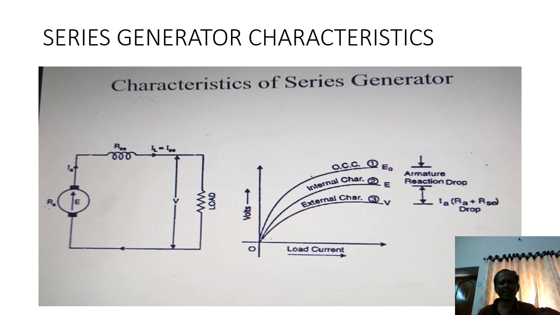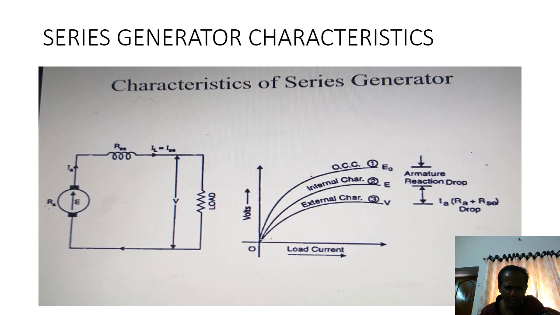Series generator characteristics. We know that the equation in the derivation of this generator is E is equal to V plus IA RA. But in this case, I am not going to write it here.